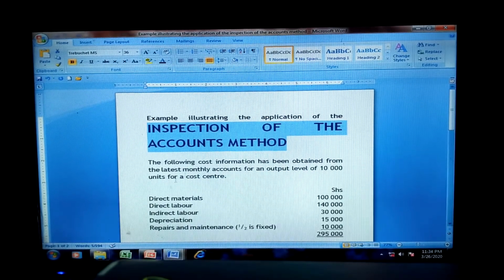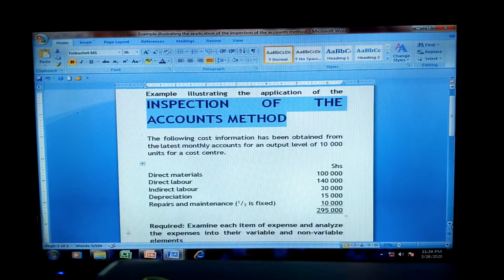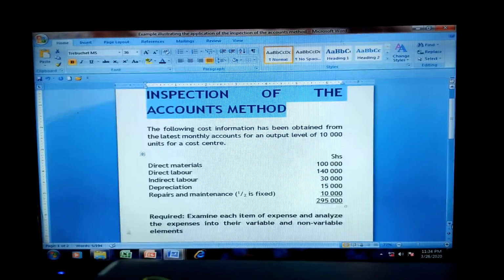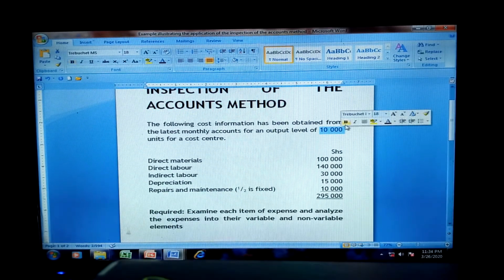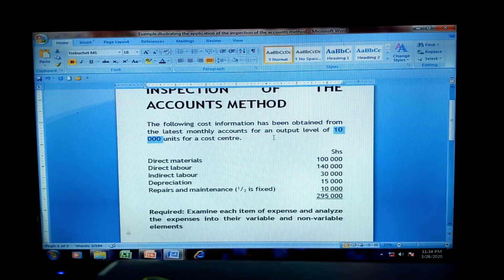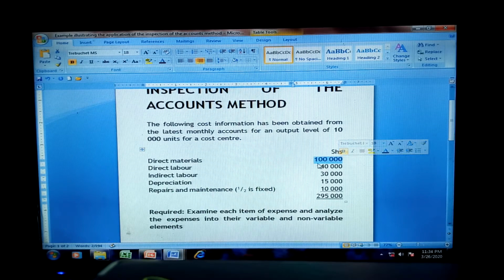Now we have our illustration here. This same illustration, you have it in your notes, so you can go to where you have inspection of accounts method. Now the following cost information has been obtained from the latest monthly accounts for an output level of 10,000 units. So we have an output level of 10,000 units for a cost center. You have direct materials 100,000.